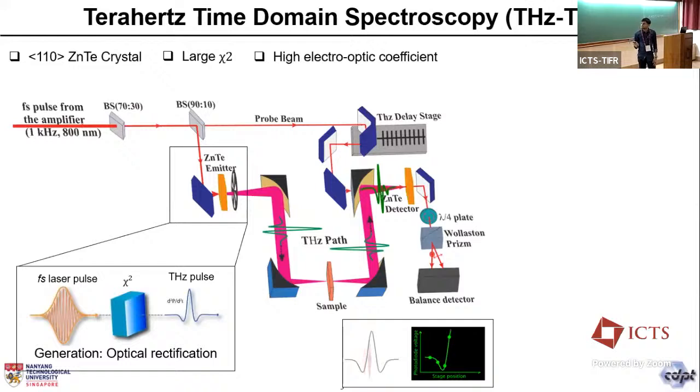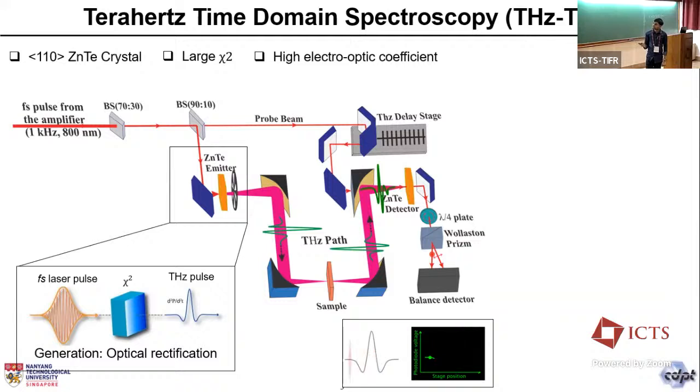For that we do terahertz time domain spectroscopy, where we generate terahertz from highly large Chi2 based nonlinear crystals: zinc telluride emitter or gallium phosphide, or for higher power we use lithium niobate crystal. We pump it with a femtosecond laser, which is a 35 femtosecond laser with 1 kilohertz repetition rate.